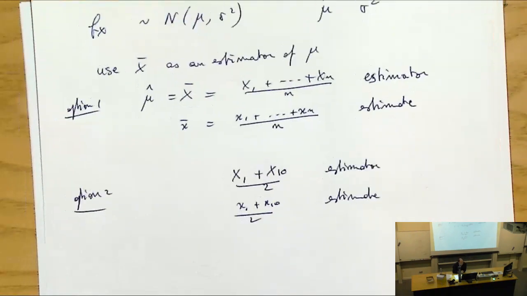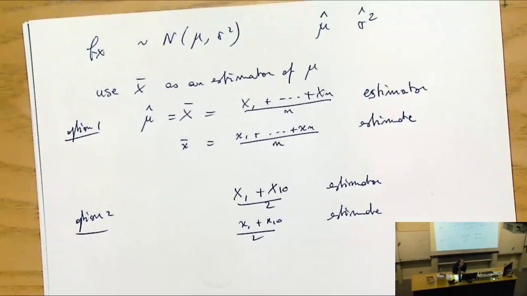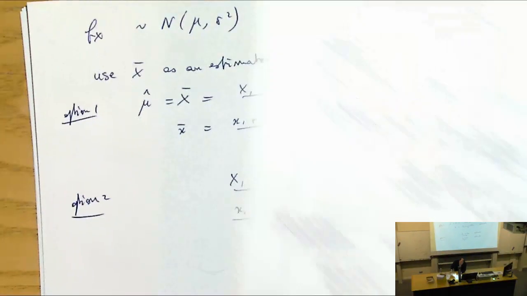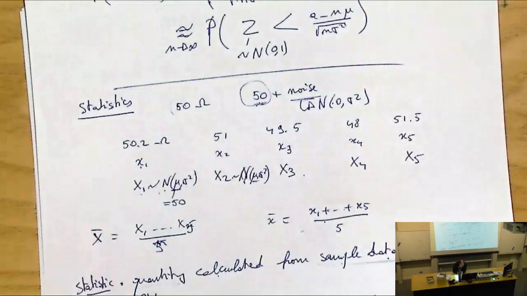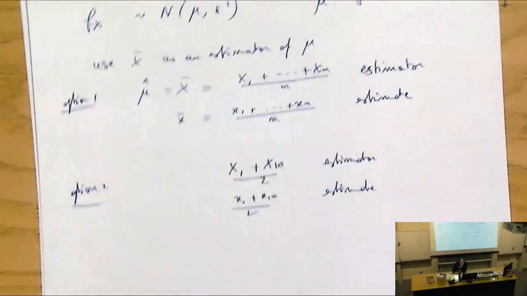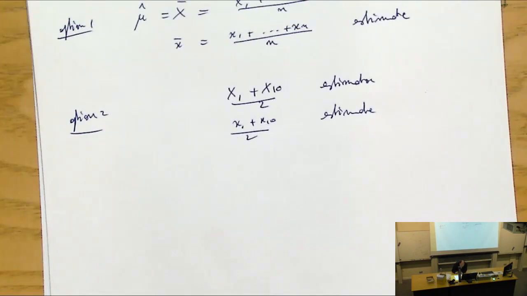So two different estimators would give me different values of this estimate of mu, right? Now the question is, some of them can be more reliable than others. So we have to define some properties of those estimators.